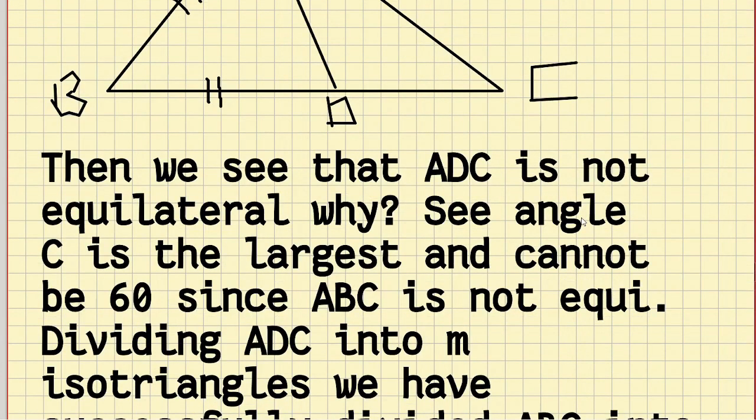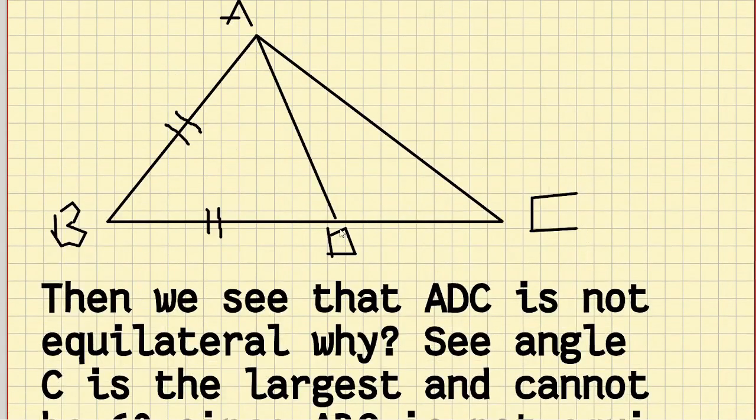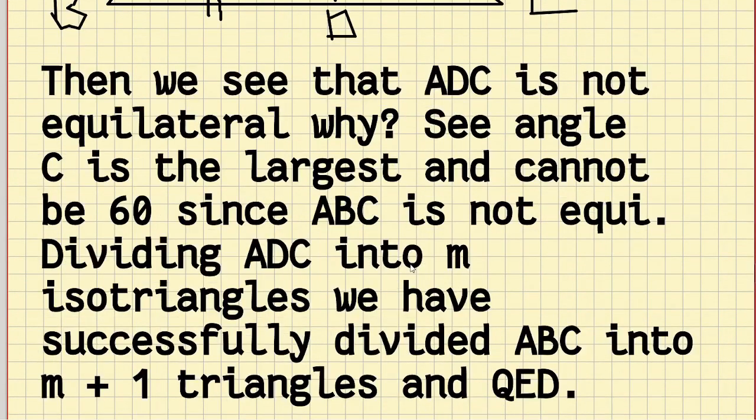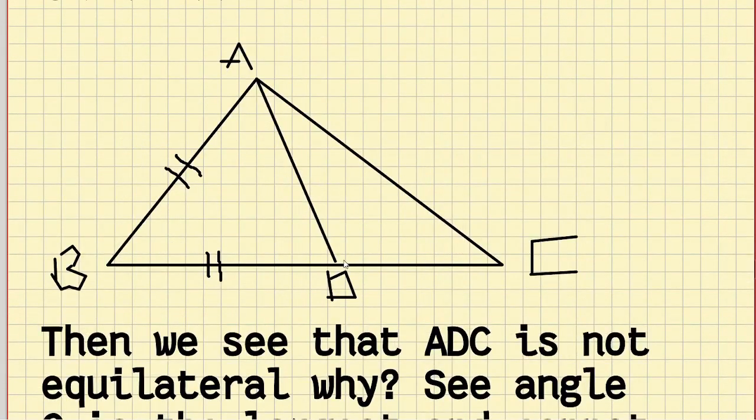Now, dividing ADC into m isosceles triangles. I told you earlier that I assume I can divide any non-equilateral triangle into m isosceles triangles, right? I divided it like this, then I will divide it into m isosceles triangles.